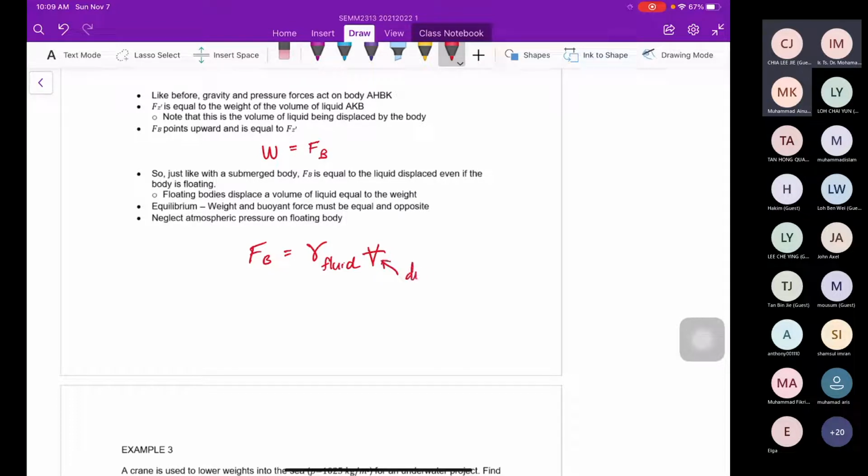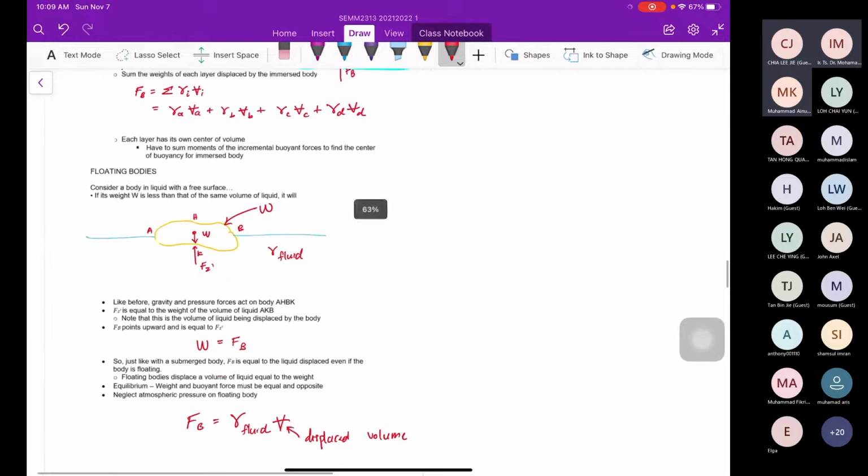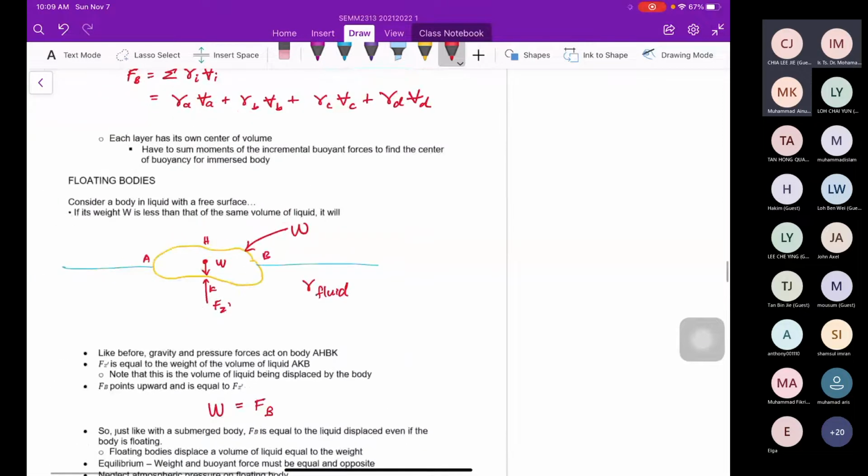This is the displaced volume. For example, I give you one example. We have the weight of this stone. The weight of the stone must be equal to the buoyancy force.